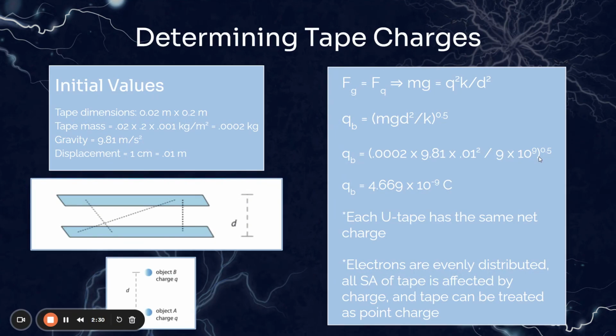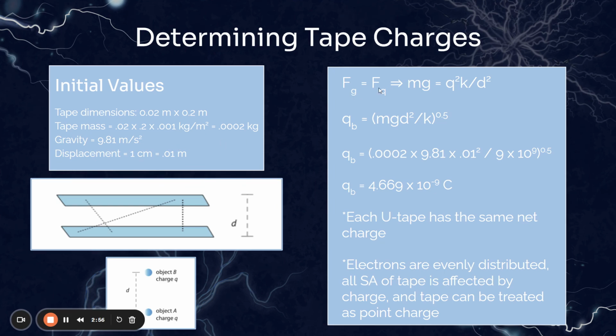The initial values for our experiment, as you can see, are the tape dimensions, and we knew that the tape mass going into the experiment was 1 gram per meter squared, or 0.001 kilograms per meter squared, which gave us the tape mass. And then we saw that tape B had a displacement, the point particles had a displacement of 0.01 meters.